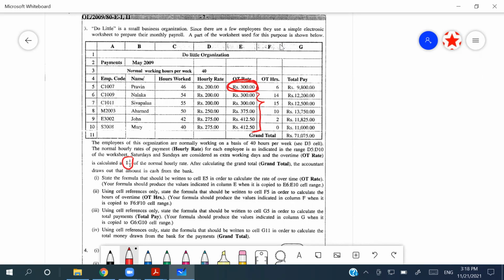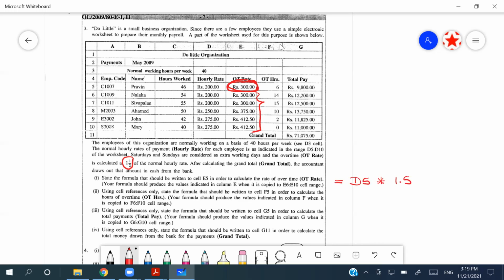Okay, now how are we going to calculate the OT rate? The normal hourly rate will be multiplied by 1.5, which is the easy way of doing that. So for this, it's going to be equals D5 multiplied by 1.5, right?